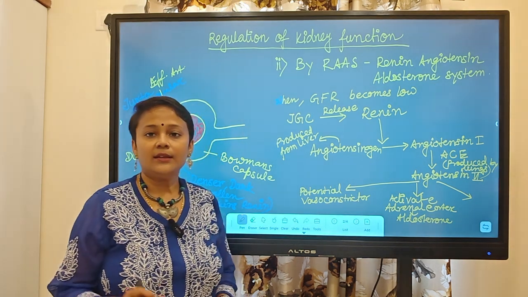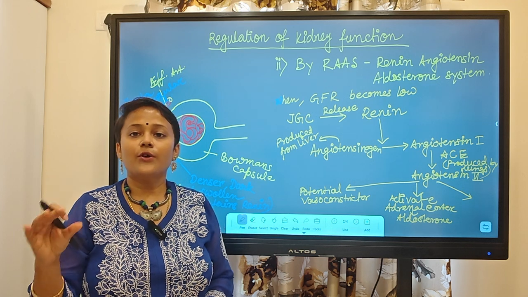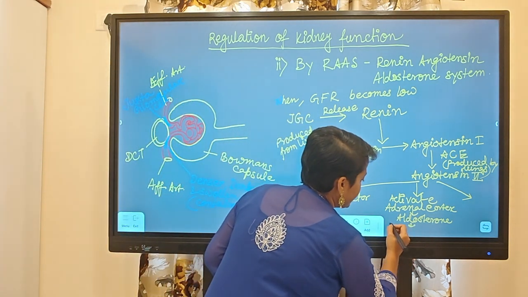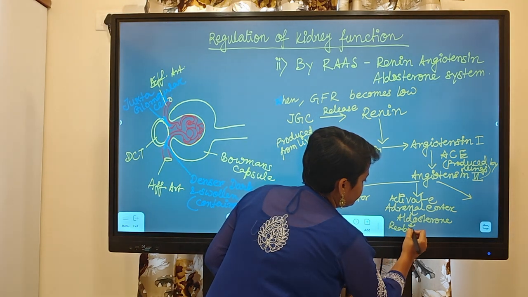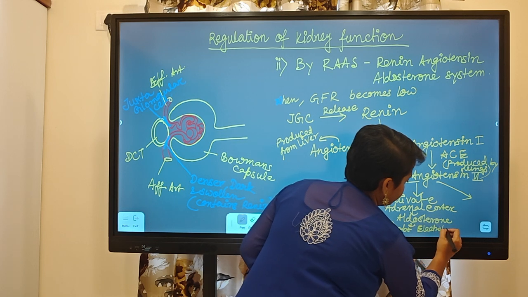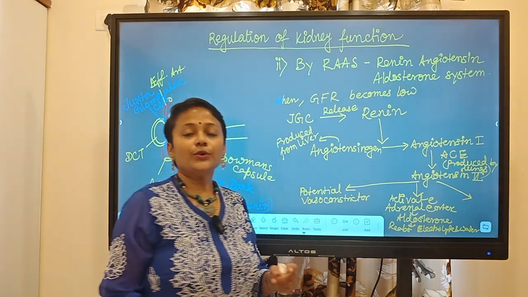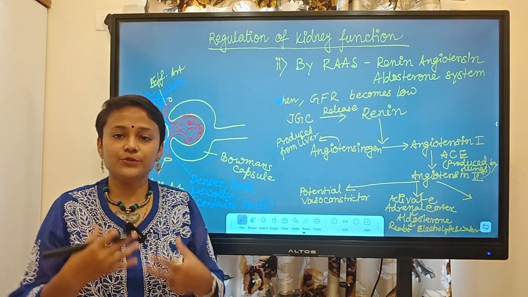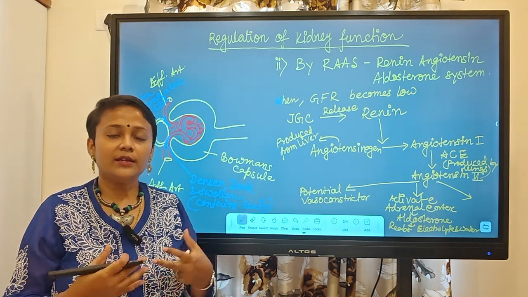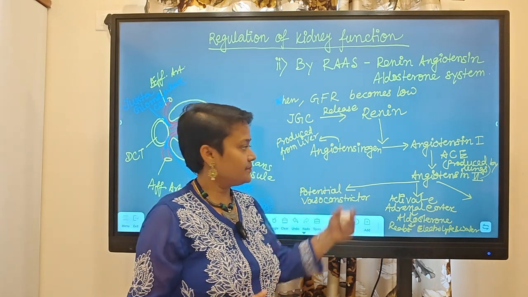Now, aldosterone can reabsorb salt and water from the distal part of the tubule. So, it will reabsorb electrolytes and water from the DCT. So, if the electrolytes and water are reabsorbed by the aldosterone, there will be an increase of osmolarity and blood pressure, so that GFR will become high.